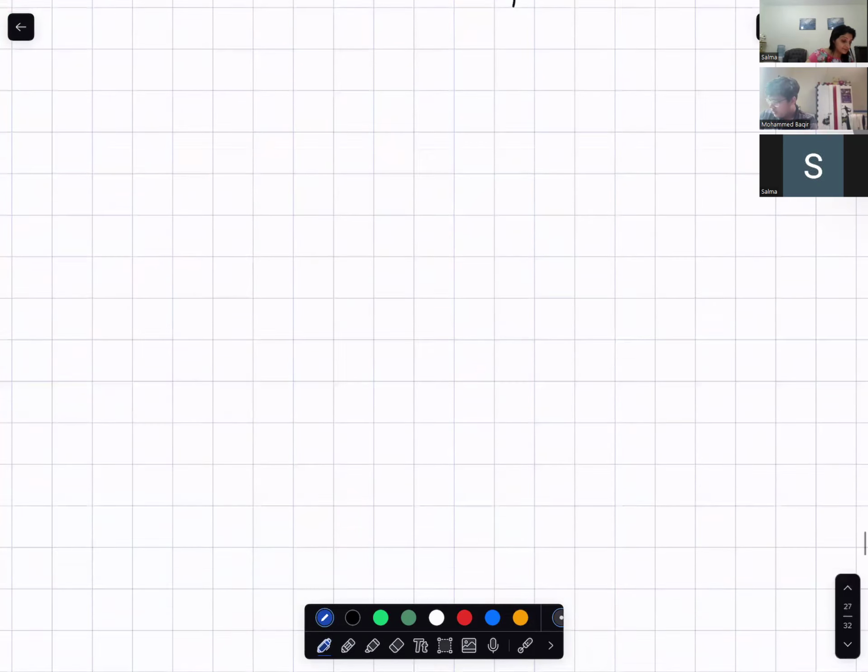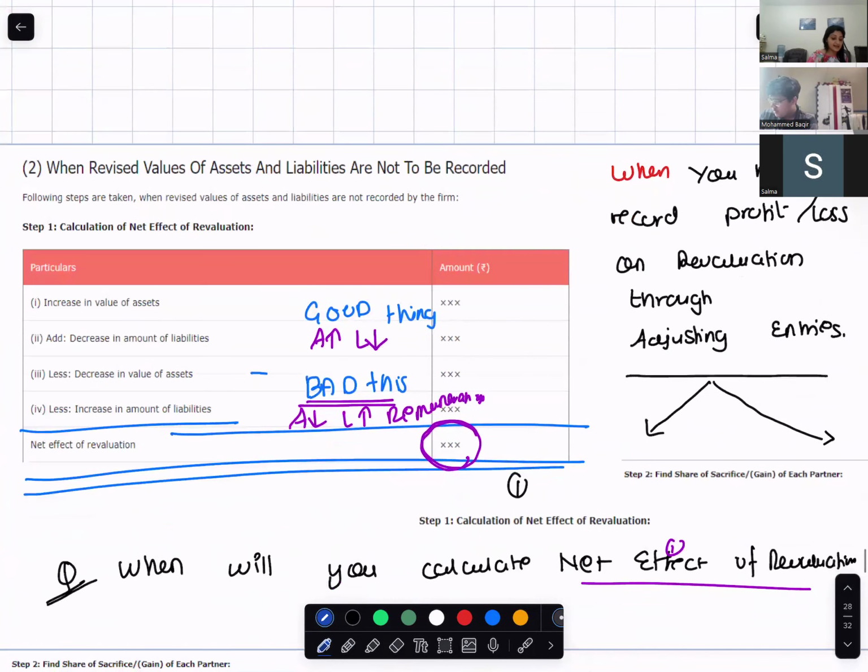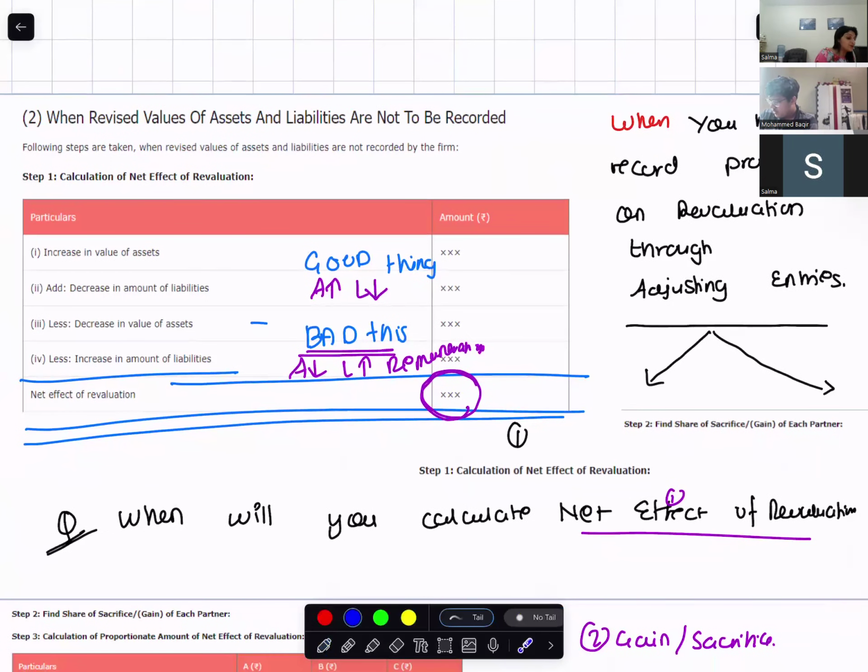There is another case also when you do not have to record the revised values. That means the old balance sheet would remain the old balance sheet, and you do not want to change the value of assets and liabilities in the new balance sheet. In this case, you have to just record the profit or loss on revaluation through adjusting entries.